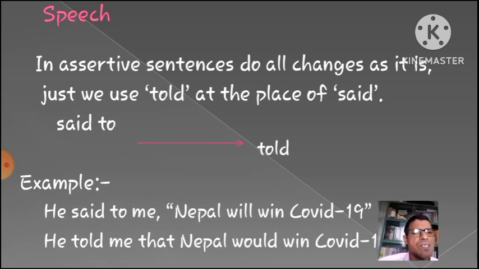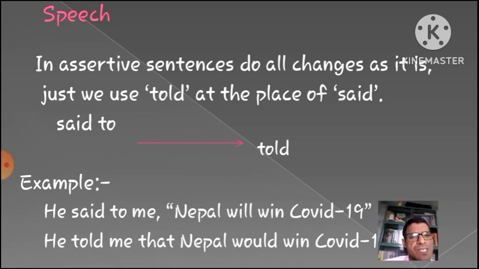So these are the things you should do, and other things are as they are, as we have just talked about regarding the change of tense, change of person, and change of adverbs. So here I am presenting one example. Try to understand the example first.